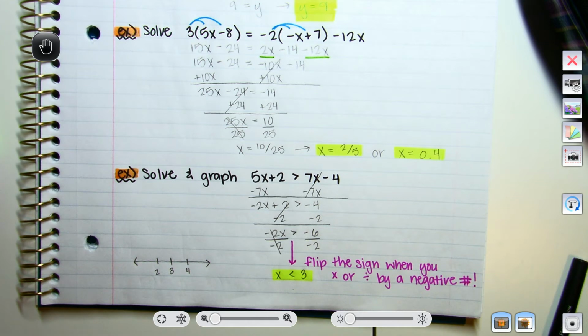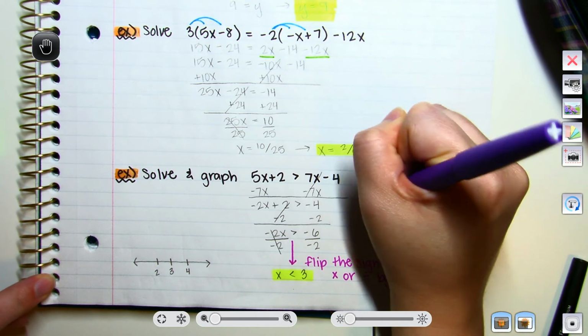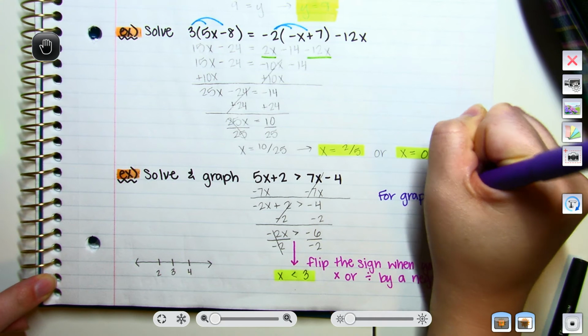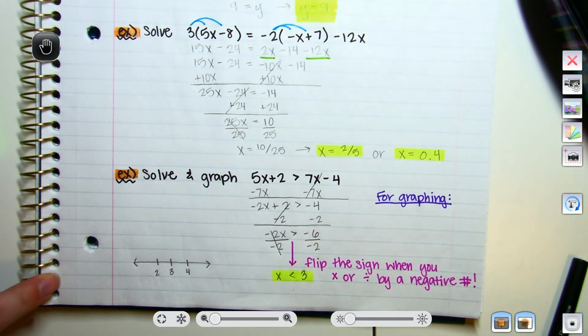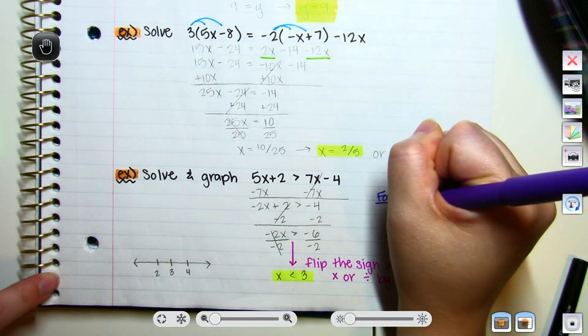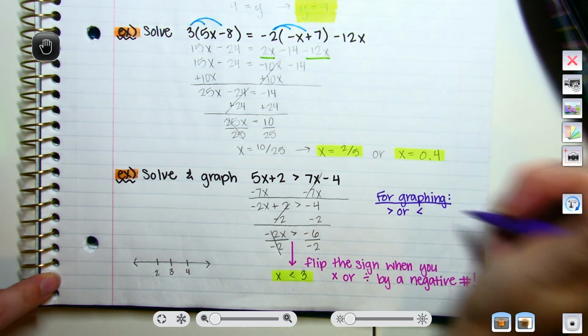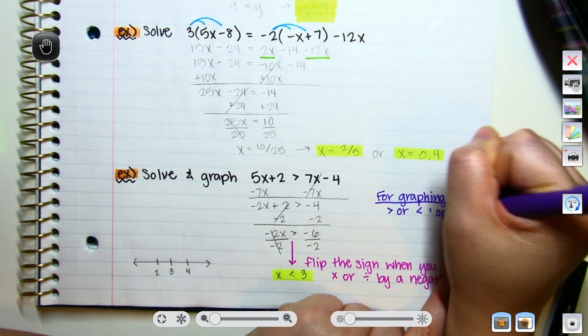Now, just a reminder, use a different color pen for this. For your inequalities, for graphing, when it is greater than or less than, it's an open circle.